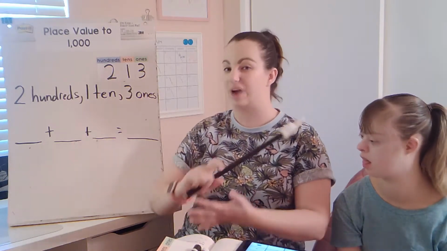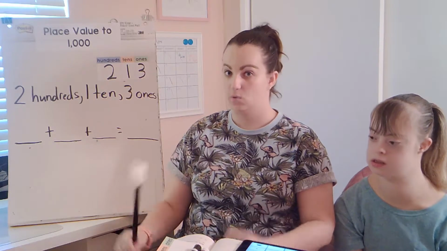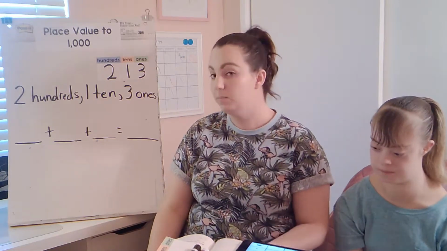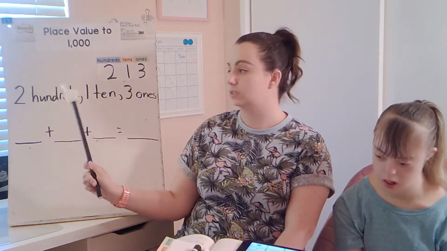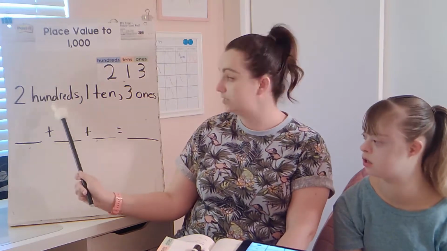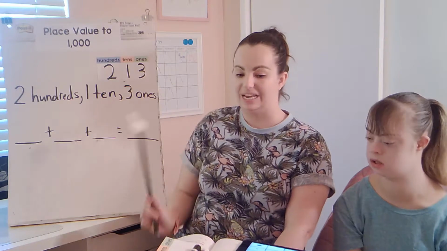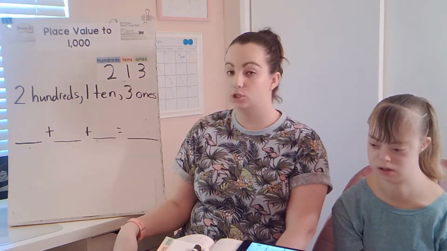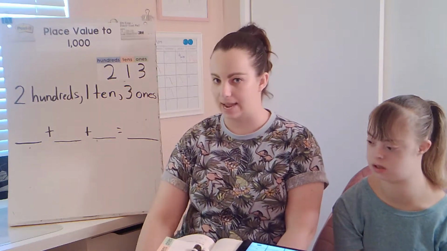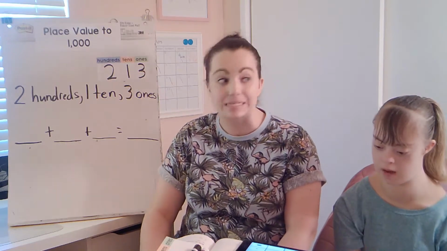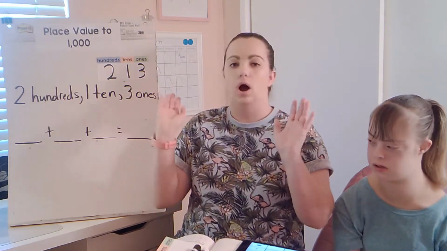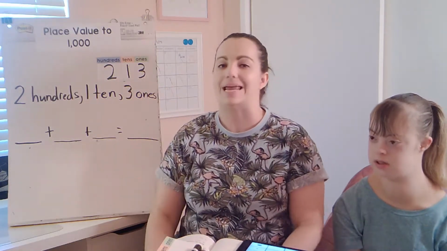So they're going to write it out for you in words. We'll have to become more and more familiar with being able to read the words. 200, 10, 3 ones. Then they're going to ask you to write that in expanded form. Whew, another big word today. I know.